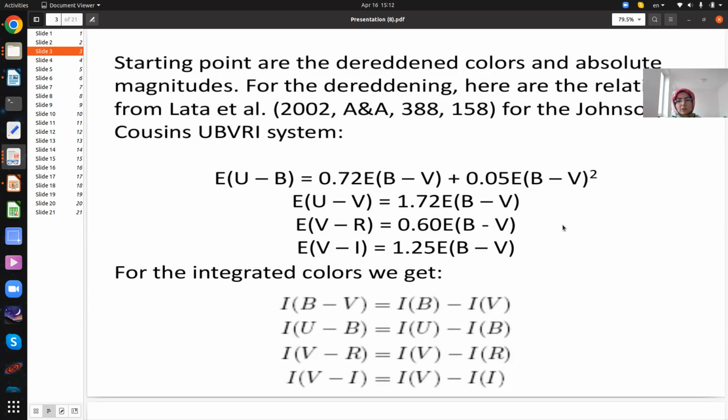For the dereddening, here are the relations from Lato et al. As you see, for the Johnson-Cousins UBVRI system, you see the correlation here for the integrated colors.